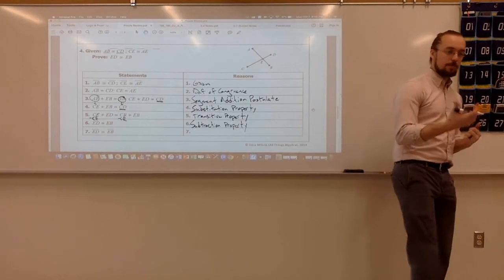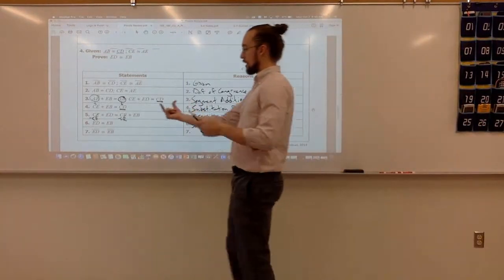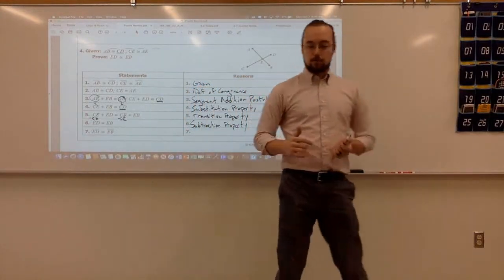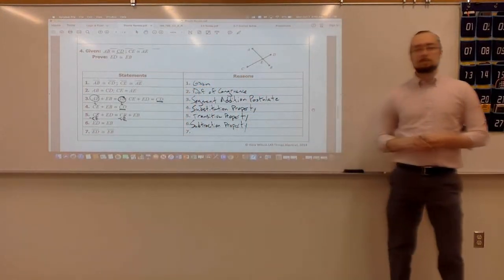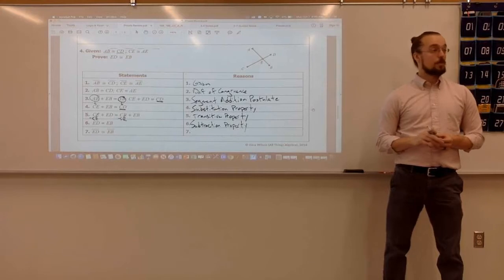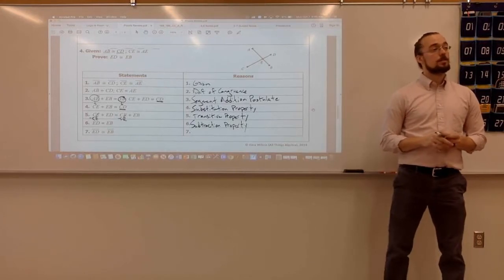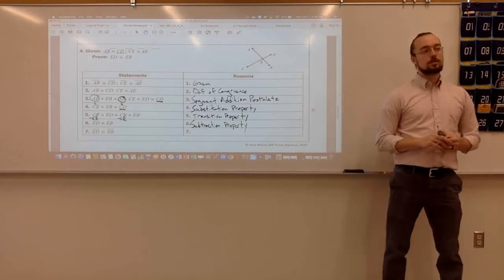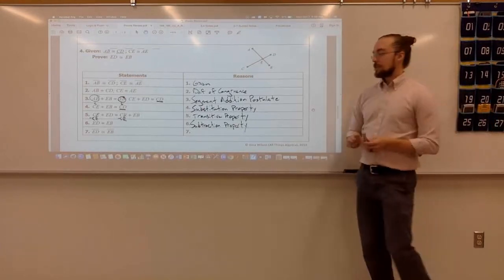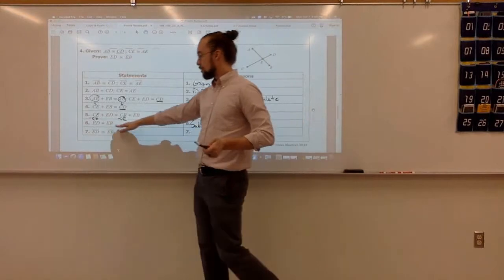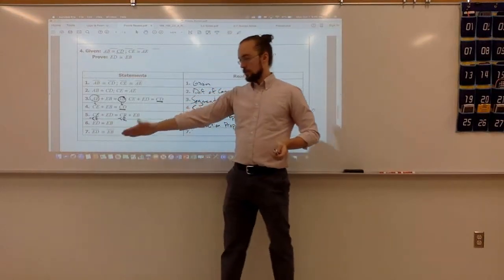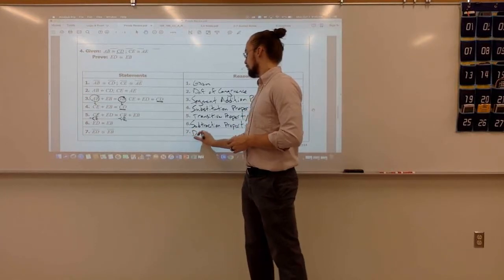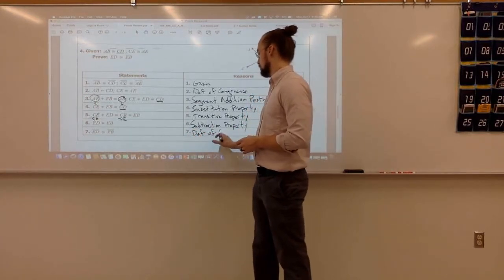And then finally, if I'm saying these two lengths are equal, why can I say that those same segments are congruent? If two lengths are equal, I can say that the same segments are congruent by the definition of congruence.